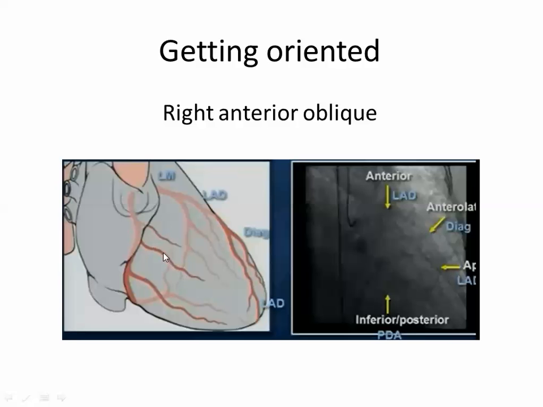This is the OMs, first, second, and third. The numbering differs from one to another. The LCX gives these obtuse marginals before it turns back to communicate with the RCA, the posterolateral branch of the RCA. Is it clear or not?